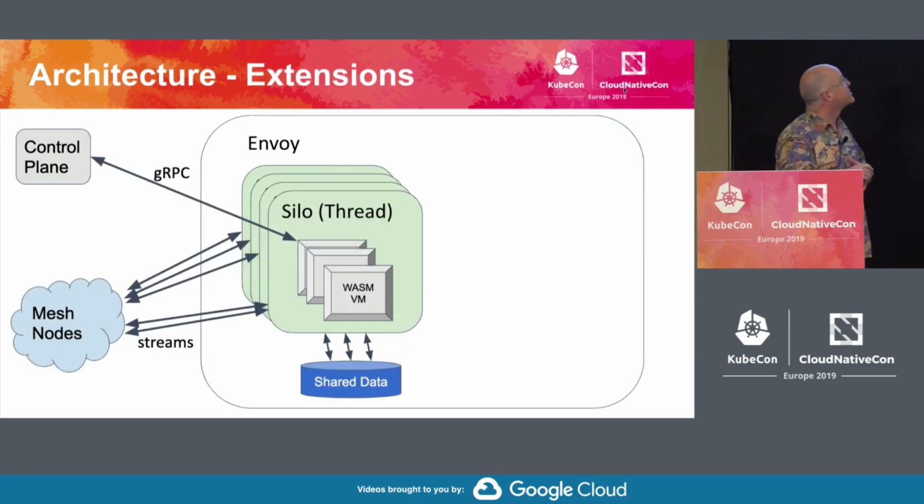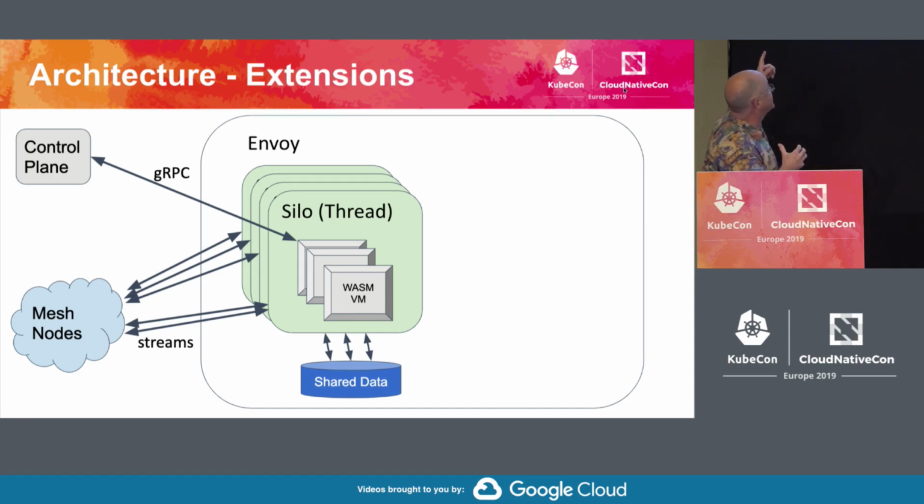All right. So the first thing to understand about Envoy is it uses silos. Those are single threads that handle a dedicated set of streams. And therefore, the WASM VMs that we have are also going to be single-threaded. So when we describe a VM template in the configuration, that template, if it's used for filters, is going to be instantiated one VM per silo.